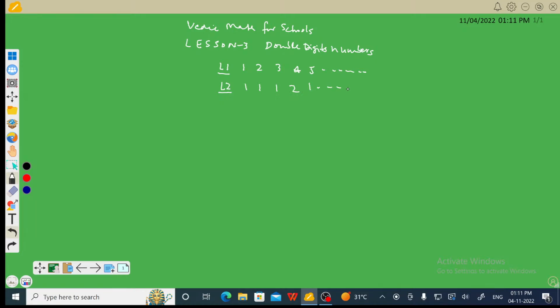In these two lessons, we have been availing Sutra 1 rule Eka Adhikena Purven, one more than before, more than the previous number.